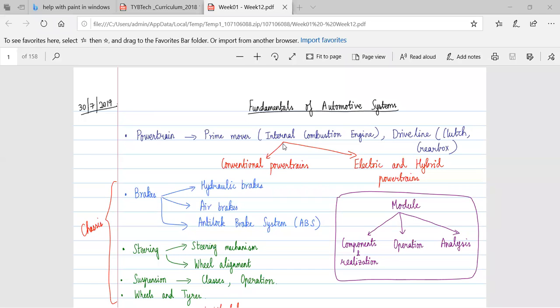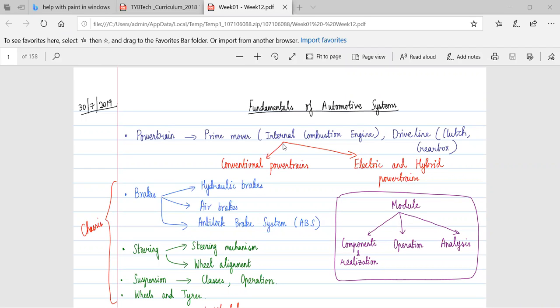The end goal of the automotive system is to drive a vehicle, like driving or steering a vehicle, right? Steering and driving both are different. Steering is a mechanism which steers, meaning changes direction according to the requirement. Driving moves the vehicle, which is nothing but the mobility of the vehicle.